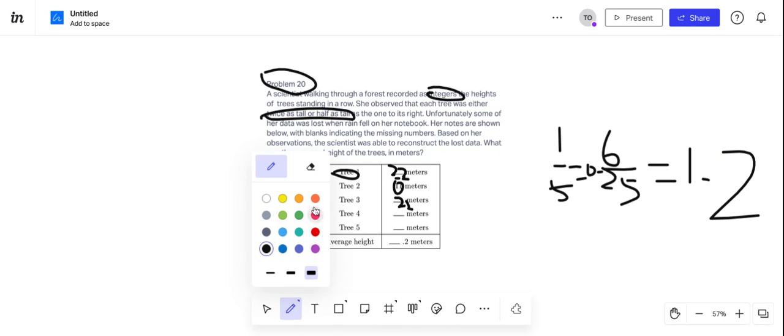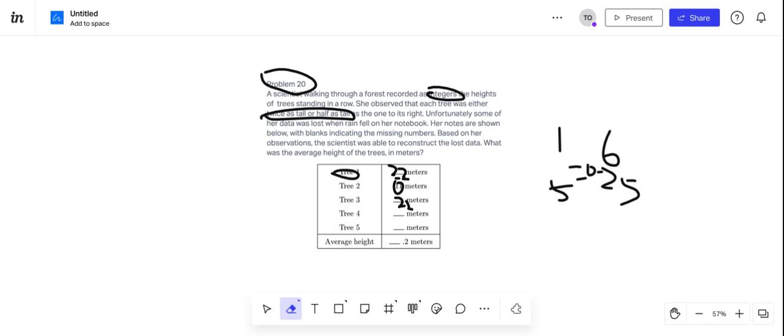Okay, I'll just erase all of that, but anyways, you get the point. It either has to end in a 6 or a 1.